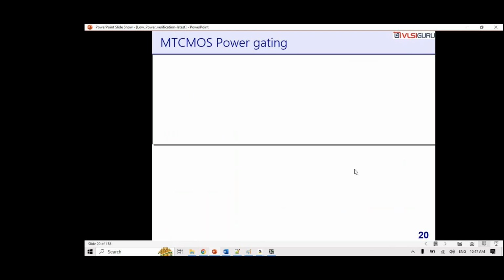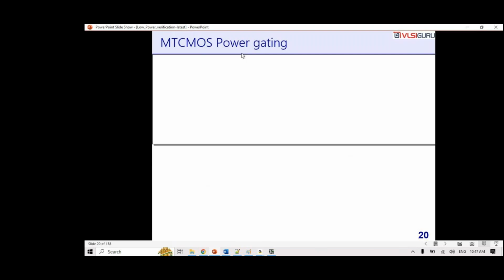Let's understand the meaning of MTCMOS power gating. We have already discussed what MTCMOS means. Multi-threshold CMOS means a design having transistors of different threshold voltages. Why we are using MTCMOS power gating: high threshold voltage transistors are used at the power switching point.